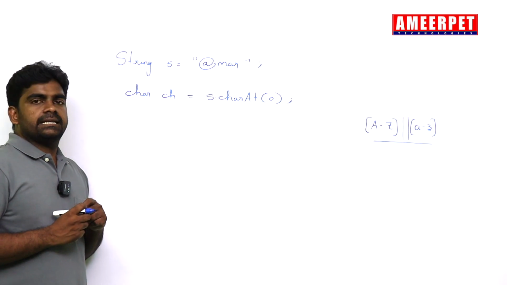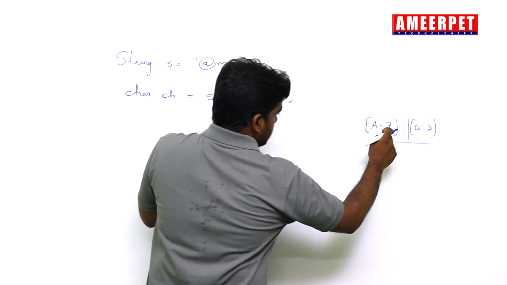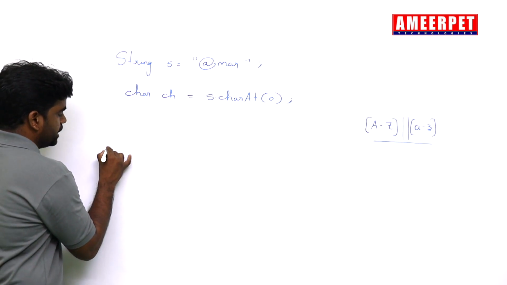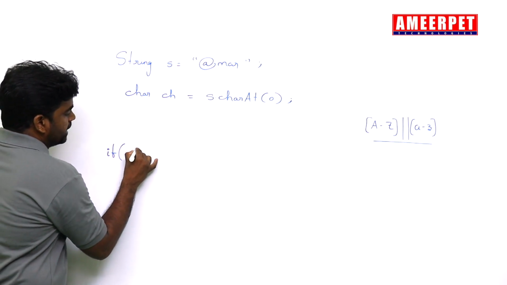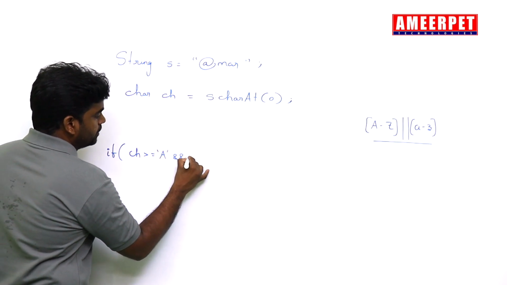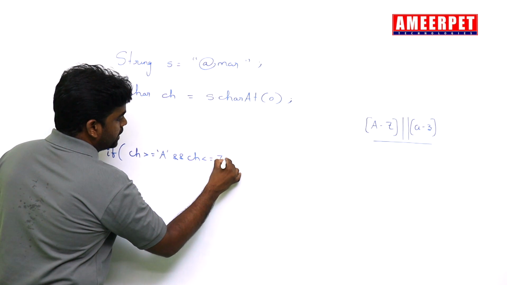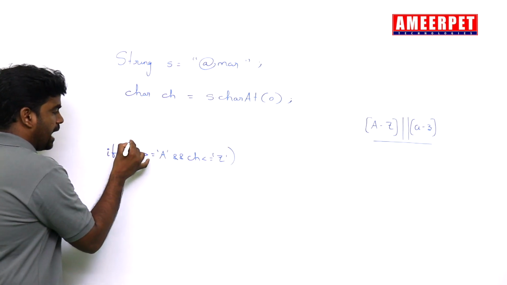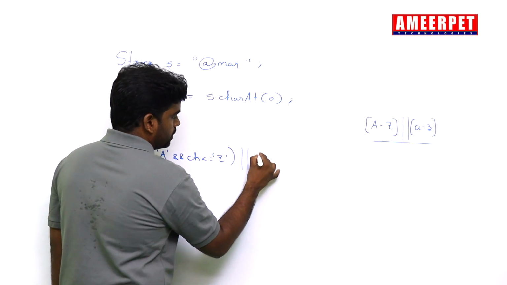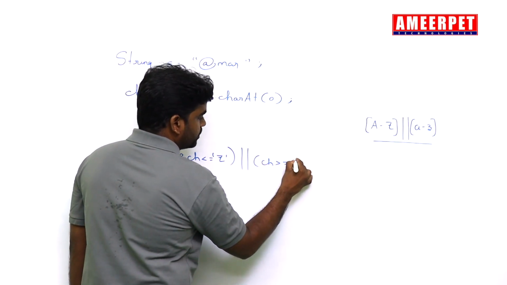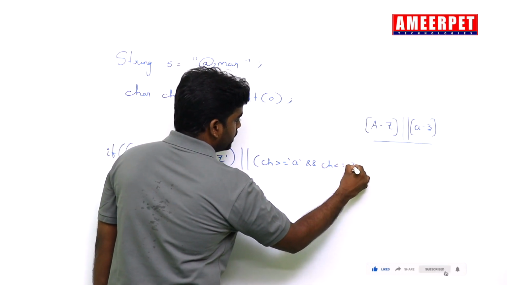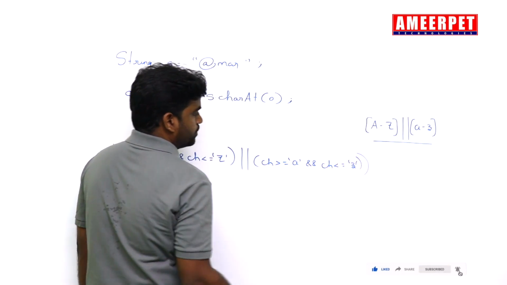Now checking whether this character is an alphabet or not. See, either it is uppercase or lowercase. So I'm writing the condition: if the character is greater than or equal to capital A and less than or equal to capital Z, either it is uppercase, or the character is greater than or equal to small a and less than or equal to small z.